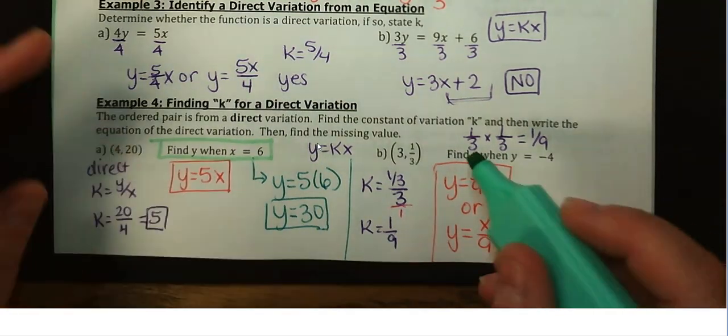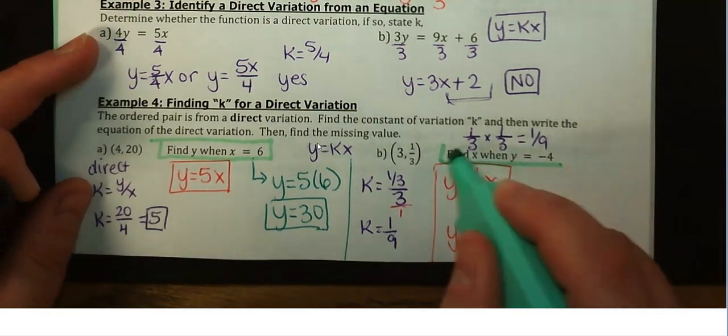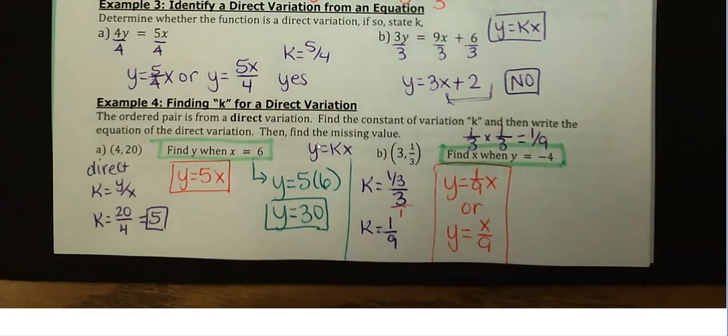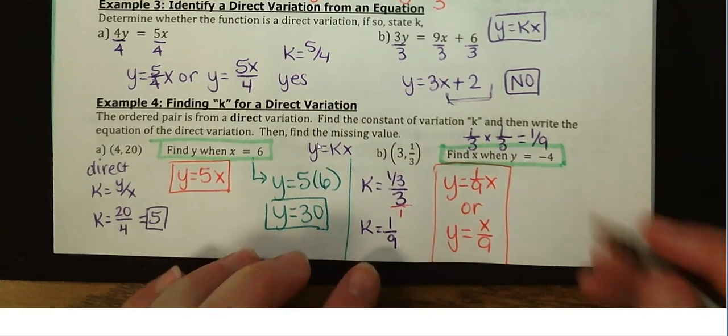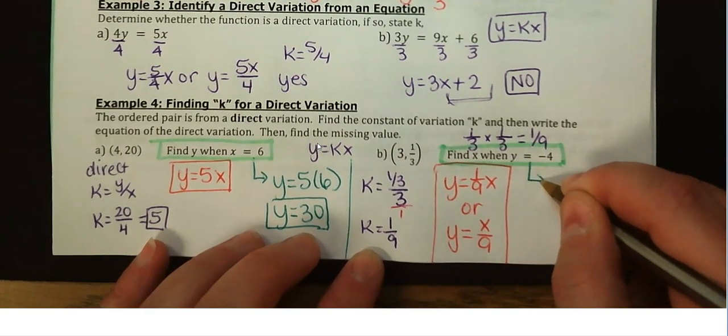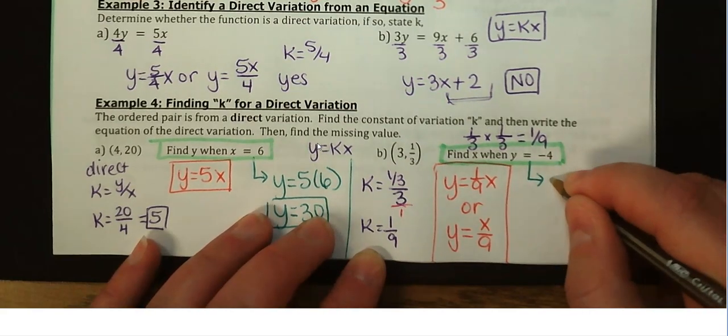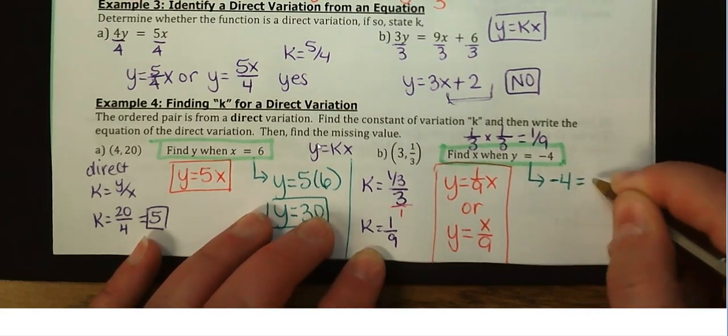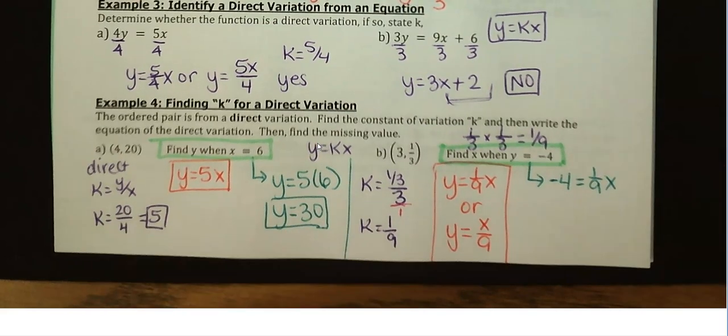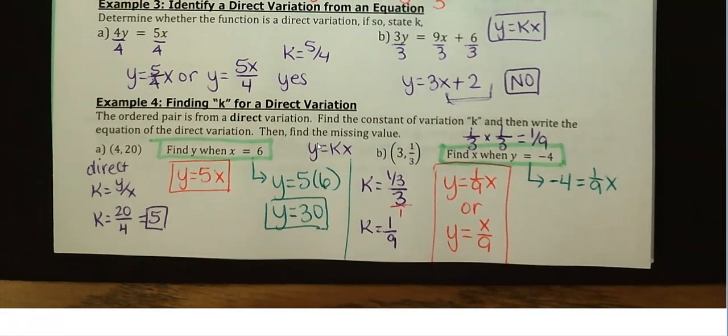Once you've got your equation, make sure you read the directions because this one is a little different than the one we just did. This one says find x if we know y is -4. So make sure you plug it in for the correct variable. So if you want to use that very first equation, I would say -4 is 1/9 times x. Or you could say -4 is x over 9.